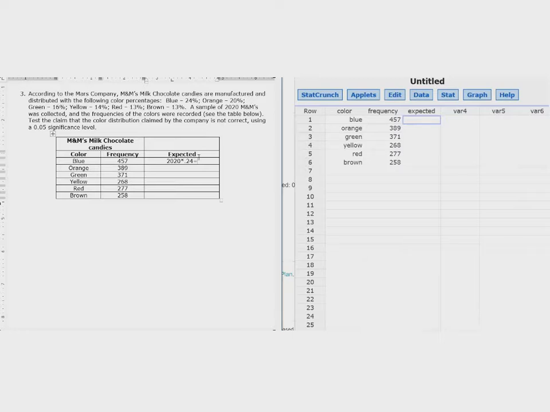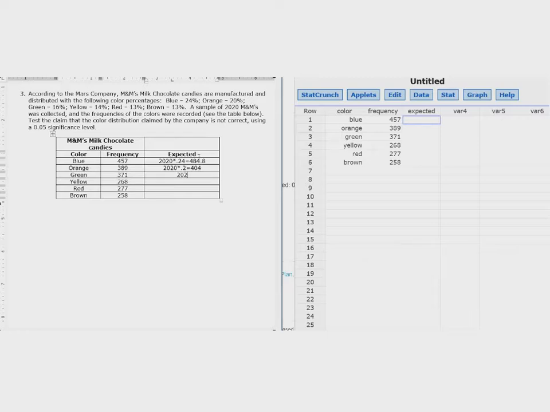So this is going to be 484.8. So I'm going to calculate all these, and then I'm going to put them in StatCrunch. So then for the orange, the claimed proportion was 20%. So I'm going to multiply my sample size times 0.2. That gives me 404.